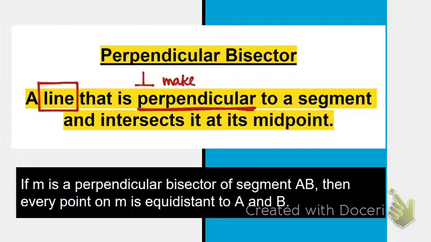Makes what kind of an angle? Yes, makes a 90-degree angle. It is a line that is perpendicular, makes a 90-degree angle to a segment, and it intersects it at its midpoint. What is the midpoint of a segment? The middle, the halfway point.